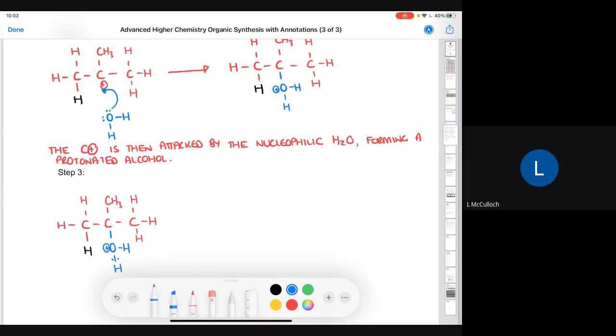So I'm going to start my curly arrow at that bond, and I'm going to end it at the oxygen because the electrons are going back onto that oxygen.